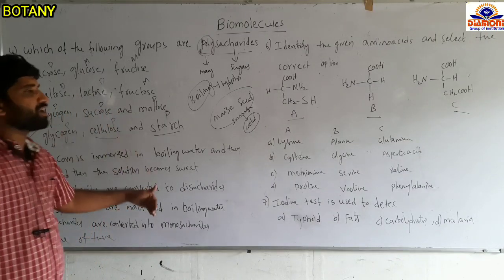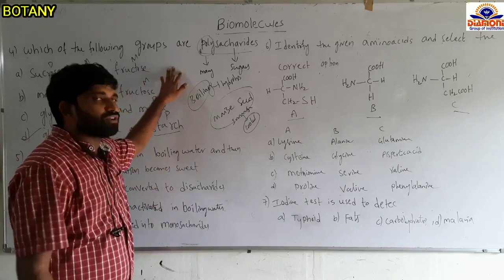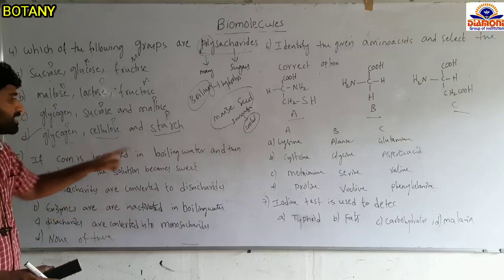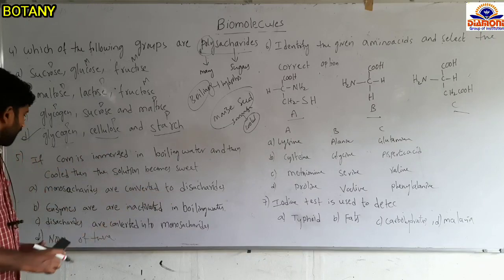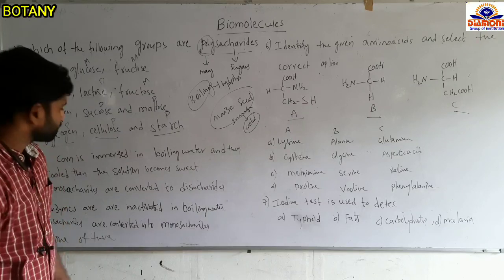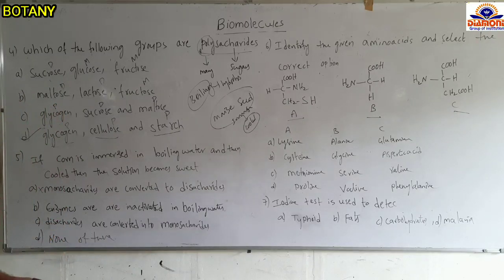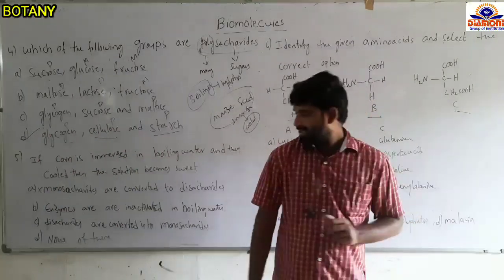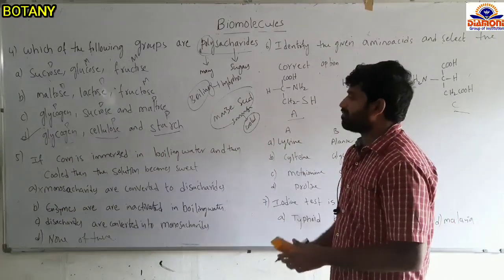So option A says monosaccharides are converted into disaccharides. If you boil, complex molecules are converted into simple molecules. A monosaccharide is a simple molecule, disaccharides are more complex molecules. So option A will not take place, meaning monosaccharides are not converted into disaccharides. And option B: enzymes are inactivated in boiling water.